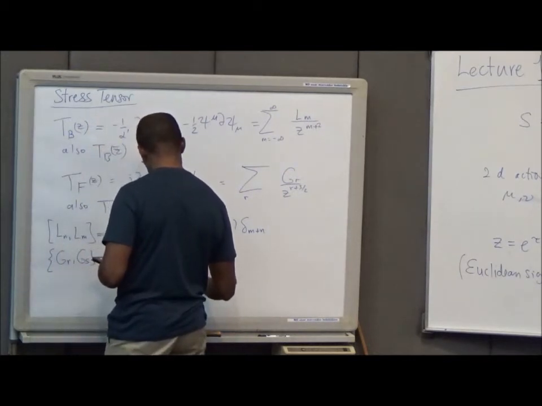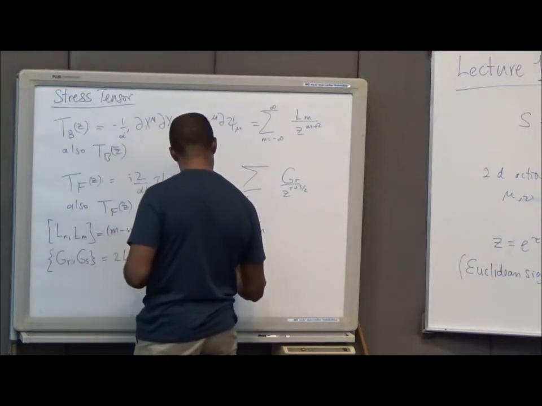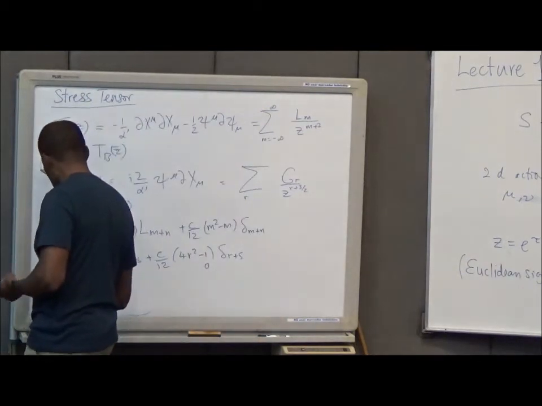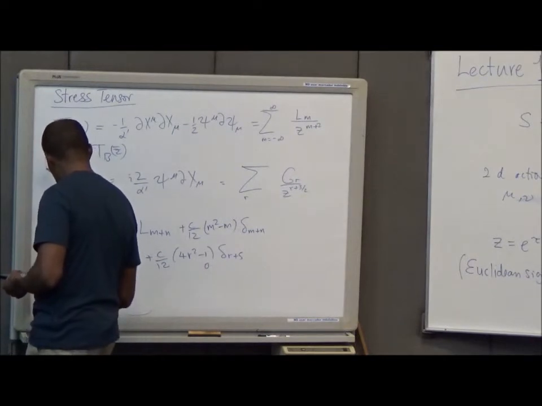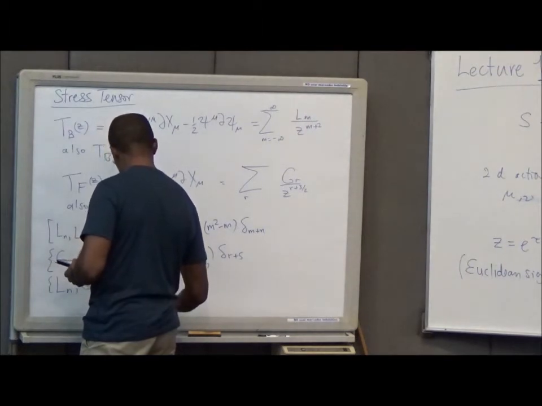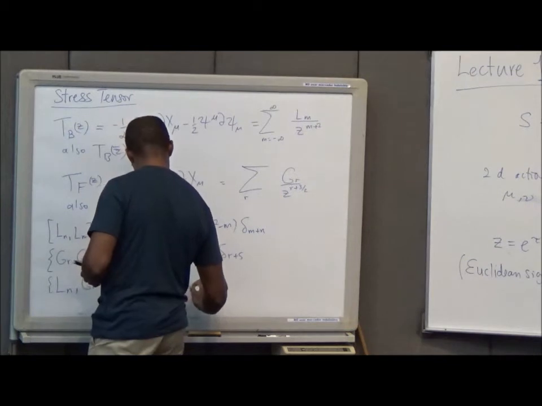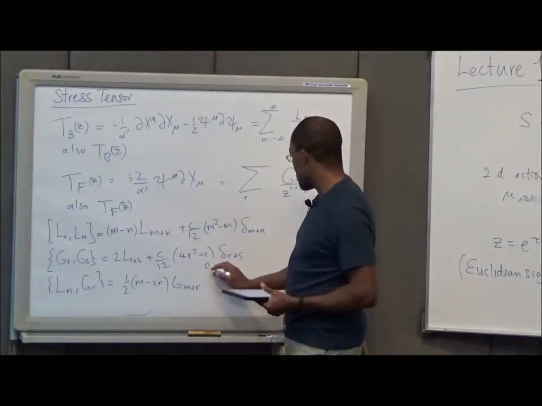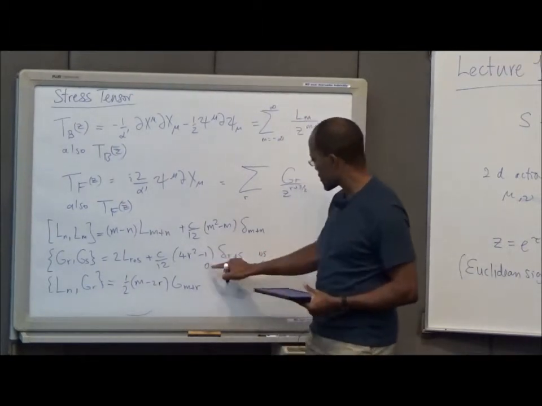But I just want to get some of the key players on the board so that we can discuss. So this is either Neveu-Schwarz or Ramond, minus 1 or 0.